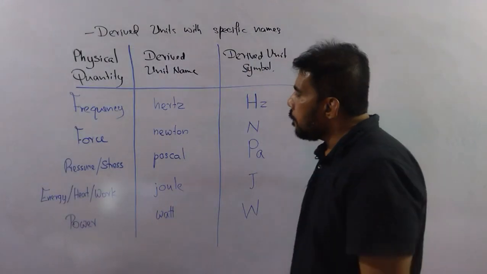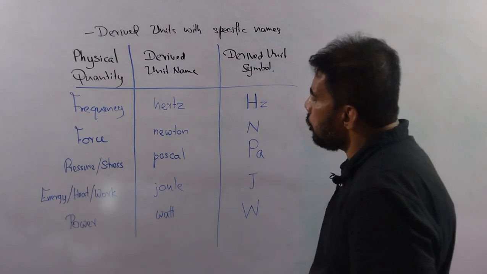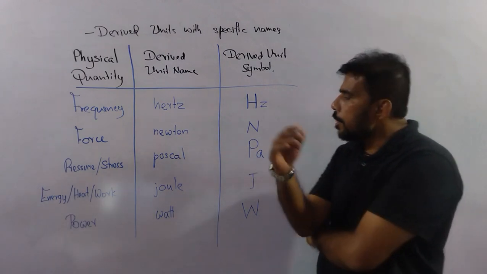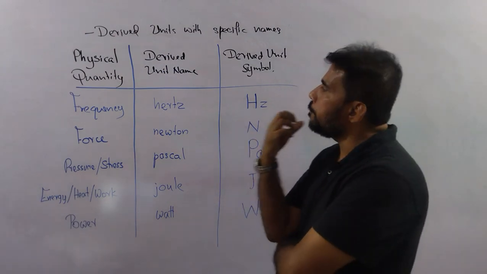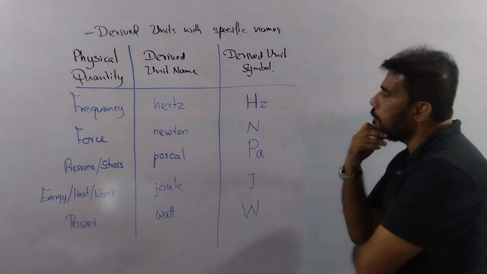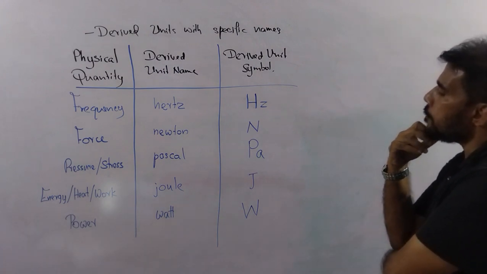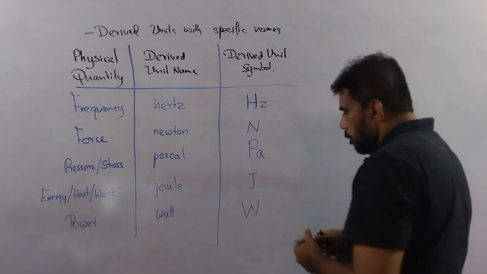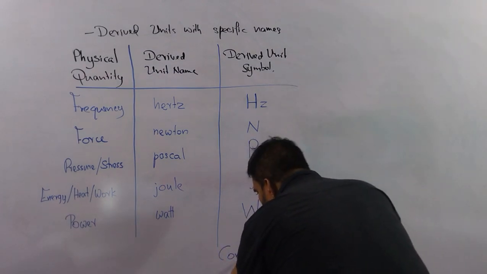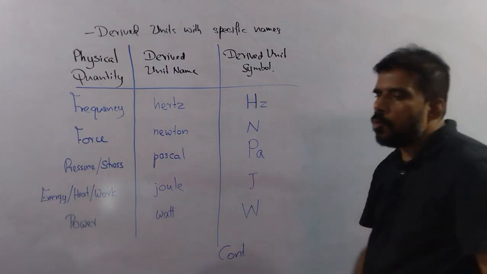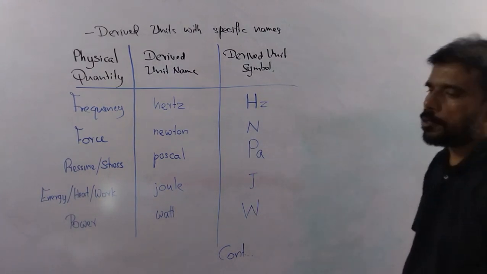Later on, when you get specific unit names, especially for derived units, you can recall what we learned in this lesson. Copy this, then I will erase it. We continue, meaning there is more to be learned. This is an introduction.